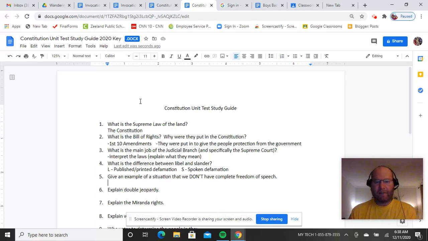Number five, give an example of a situation where we don't have complete freedom of speech. Well, just kind of that example that we talked about. You can't yell fire in a theater. That's kind of the overall example, because of what that causes.